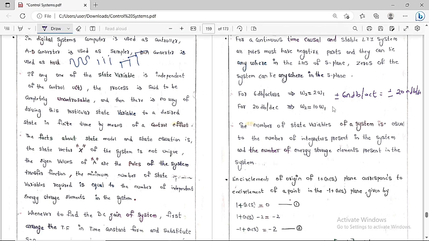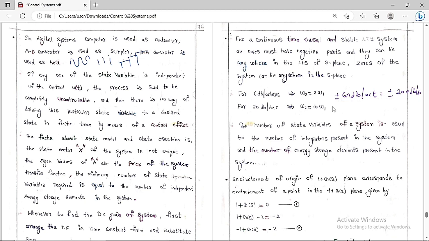I've told you this so many times. So plus or minus 6 decibels per octave is always equal to plus or minus 20n decibels per decade. So this formula you always have to keep in your mind.